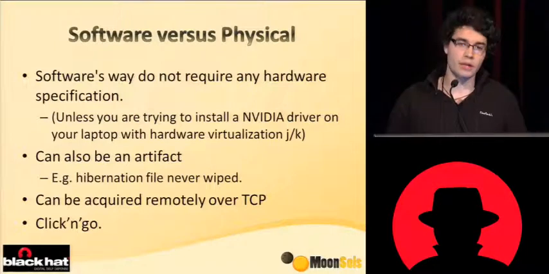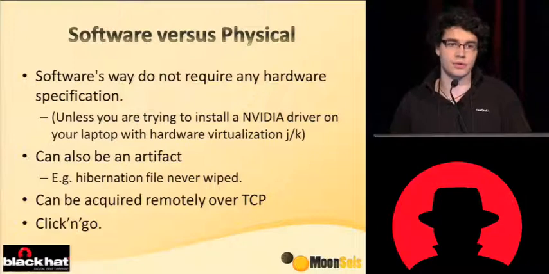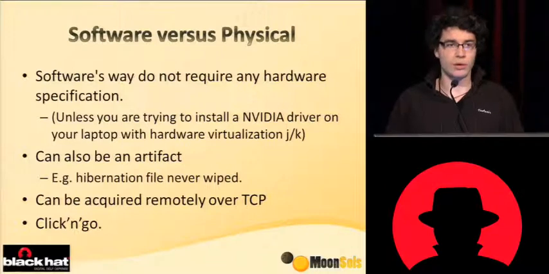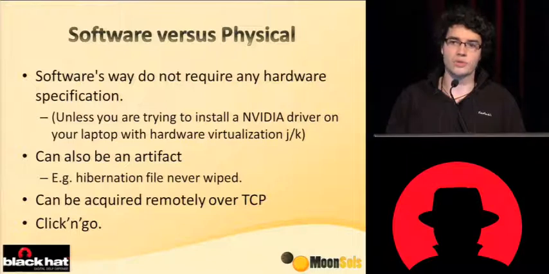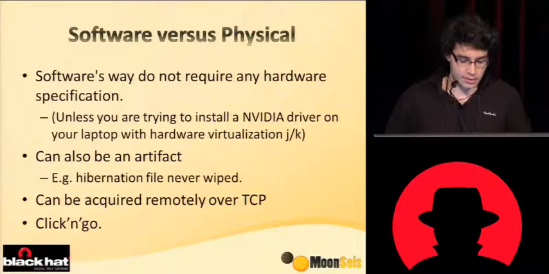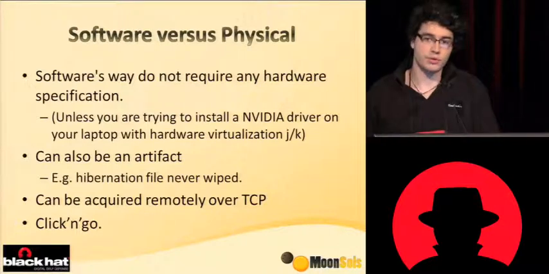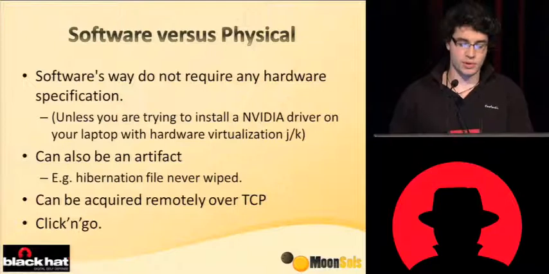So even when we resume the machine, we still have a copy of the hibernation file. In any case, we still have a way to retrieve a snapshot of the physical memory, even if we don't run specific software. And when you are using software, it's just click and go, so it's really easy.